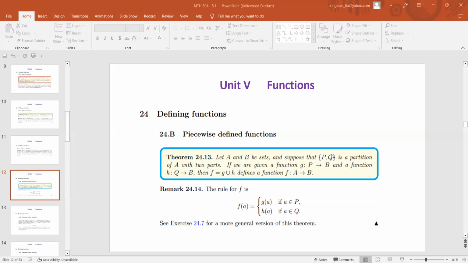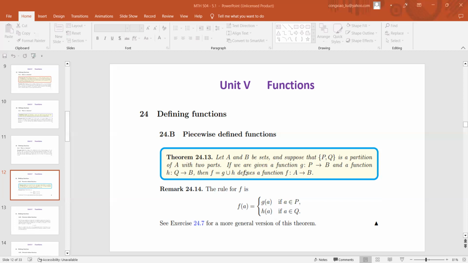The sets P and Q are disjoint, and the union of P and Q is set A. That's what is meant by partition. You can make any partition for set A, and the sizes of P and Q can be very different.